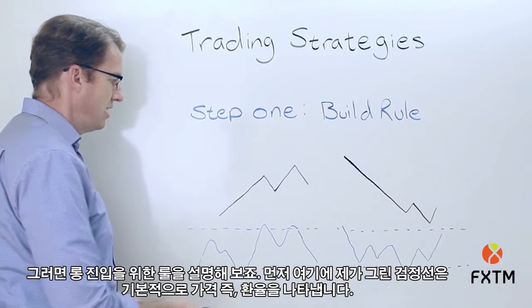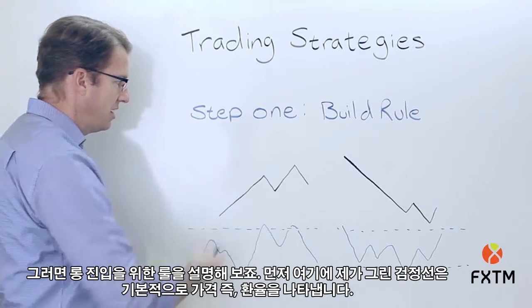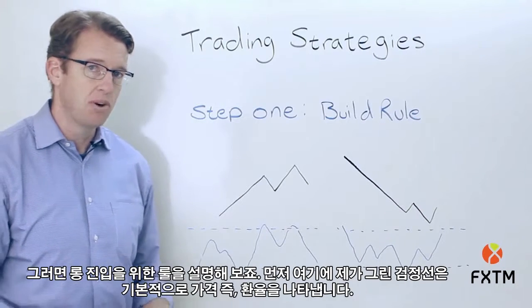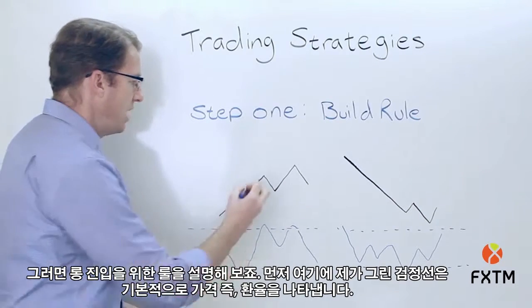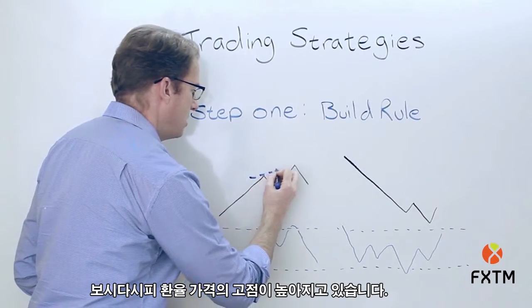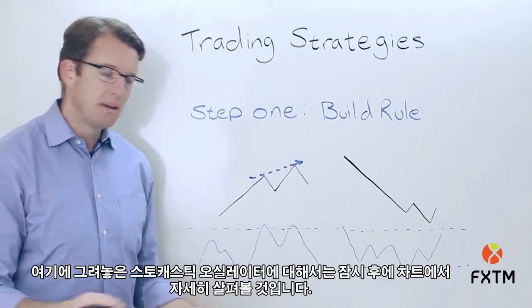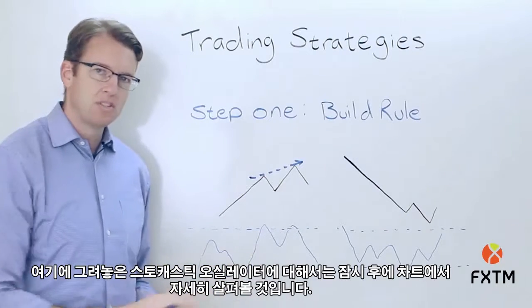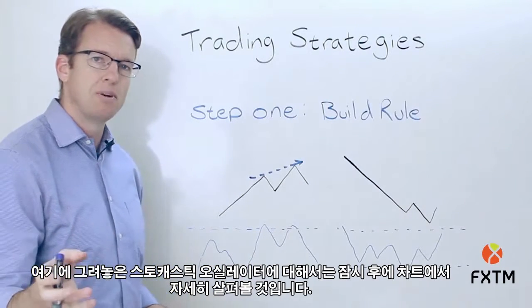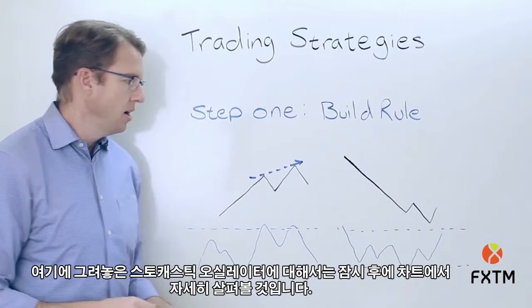Initially, here I've got the black line that represents the price, the exchange rate itself. And as you can see, the price of the exchange rate has been forming higher highs, while at the same time, and here I've drawn a diagram of a stochastics oscillator, which we're going to take a much closer look at in just a minute on the charts.